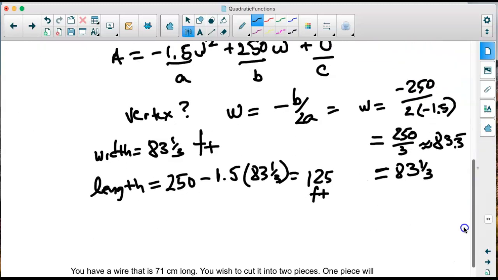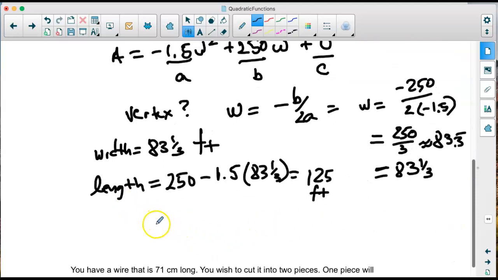Okay, so the overall dimensions are 125 feet by 83 and 1/3 feet.